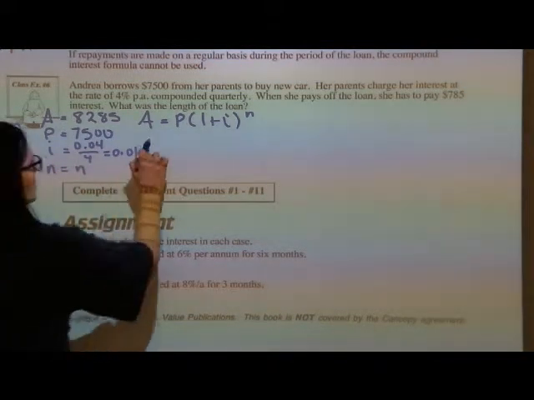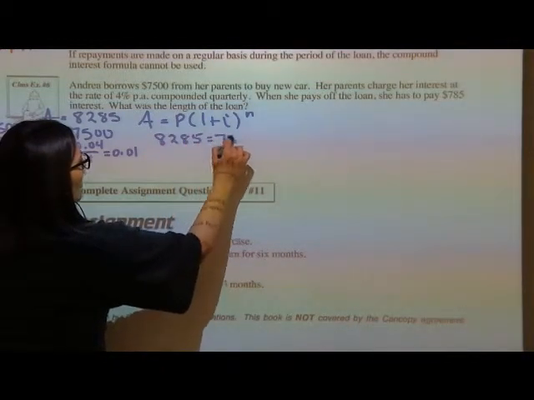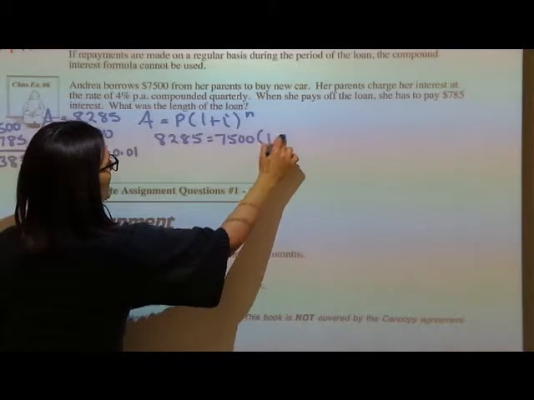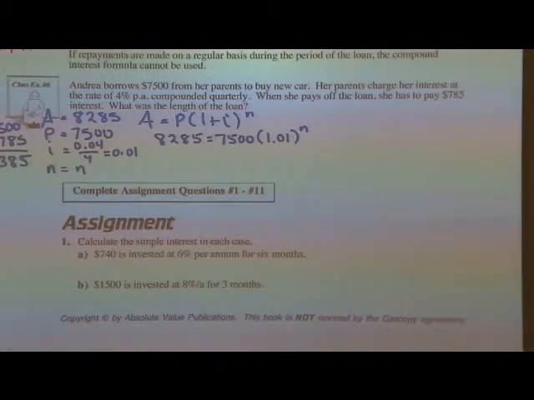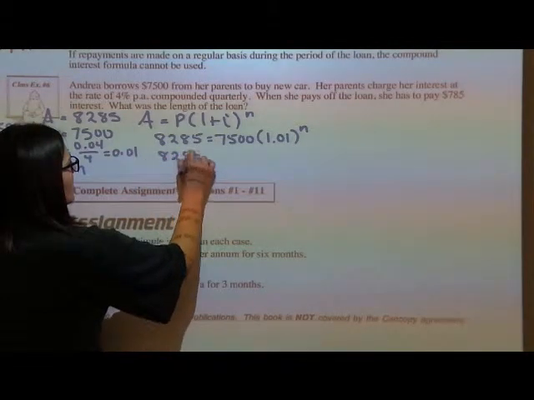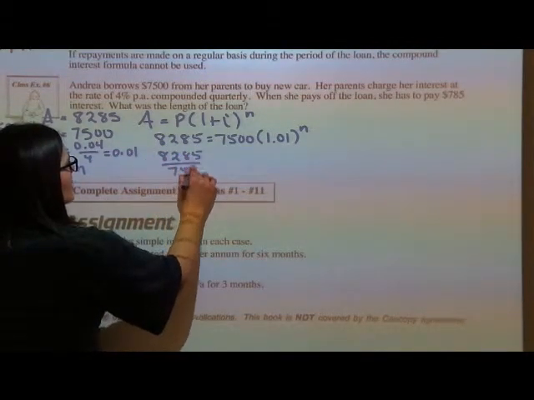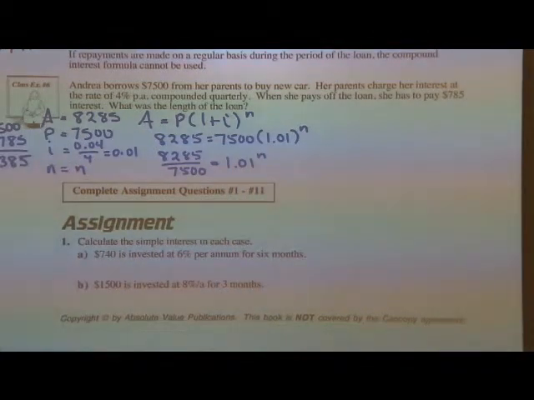So I have 8285 equals 7,500 times 1.01 to the power of n. So how do I work to get n by itself? Divide both sides by 7,500. Okay, so now I have 8285 divided by 7,500 equals 1.01 to the power of n.